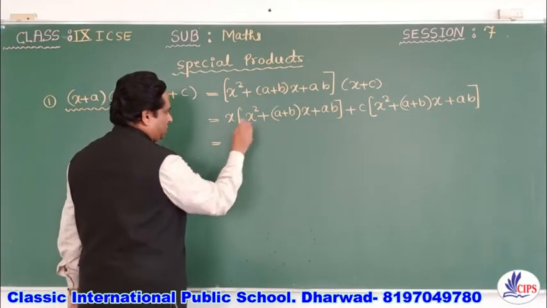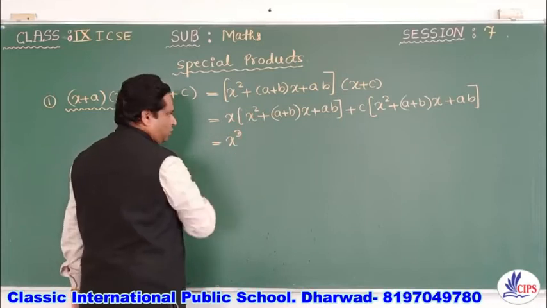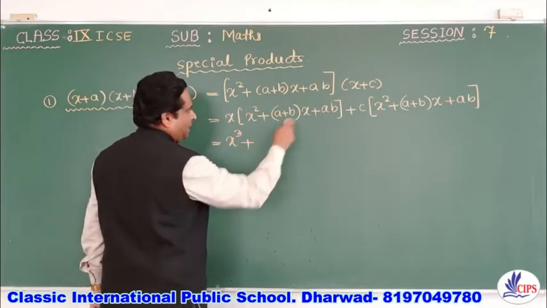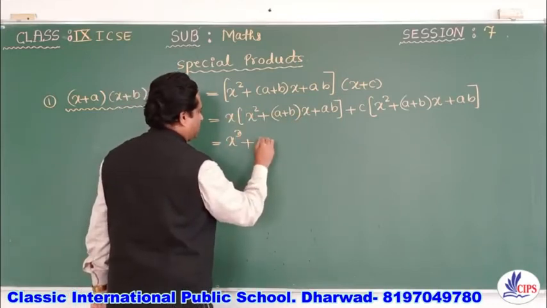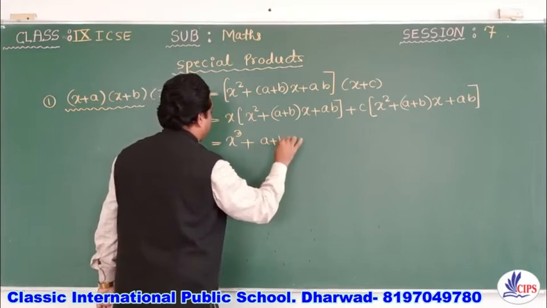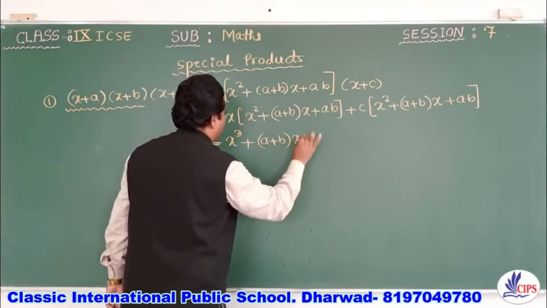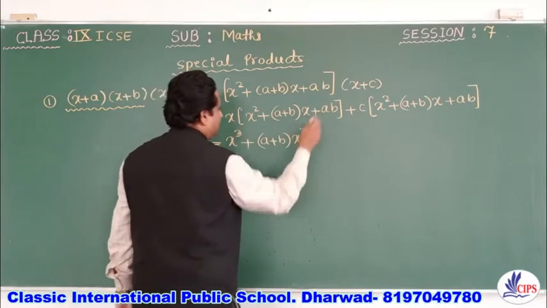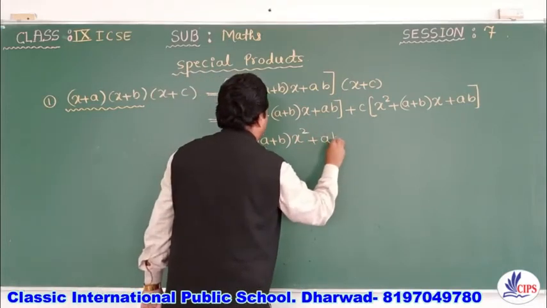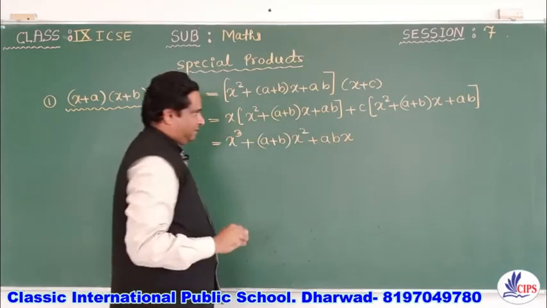Now x into x², it is x³, plus x into (a + b)x, that is (a + b)x², right? Then x into ab, that is abx, right?